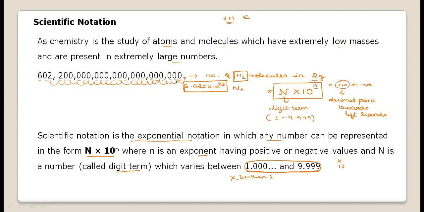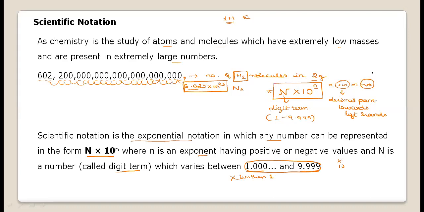Here, if you move the decimal point 23 times, you will get 6.022, which is in the digit term range of 1 to 9.99. Hence, the exponent term is obtained by moving the decimal point 23 places towards the left hand side, hence it is a positive value.